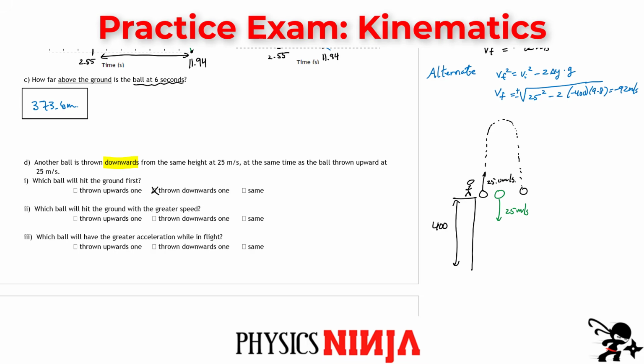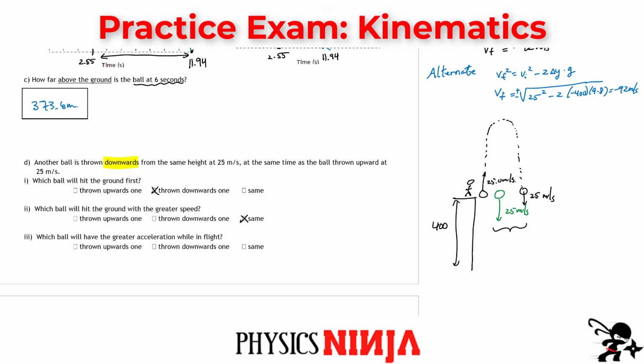But once it gets back to the launch point, ask yourself, what is the speed of that ball? Actually, the speed of that ball is 25 meters per second, but it's going down once it reaches that. So it becomes the exact same situation as just throwing it down. From this point on, it's exactly the same. So it has to be the same.